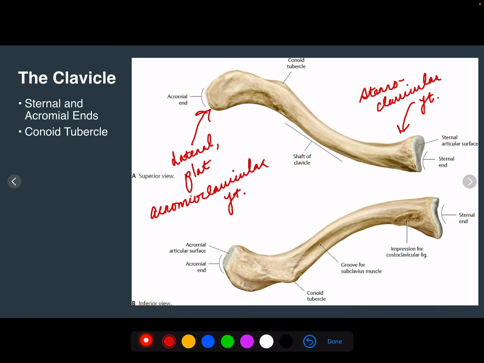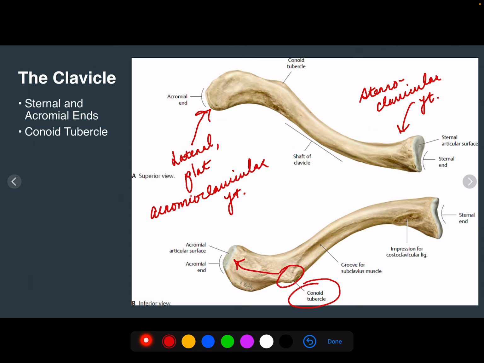Okay? And then the last thing I want to point out here is our conoid tubercle. Okay? And this is going to be our small bony prominence on the inferior portion of the clavicle near its acromial end. So anytime you find that conoid tubercle, you know you're closer to that acromial end.